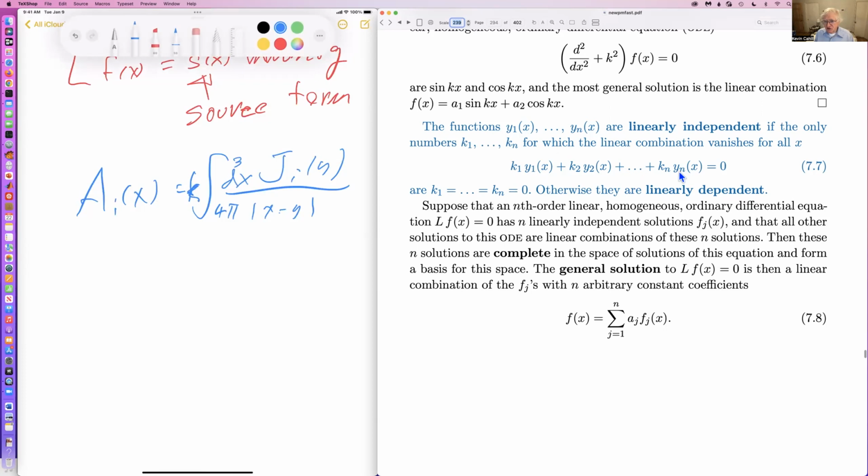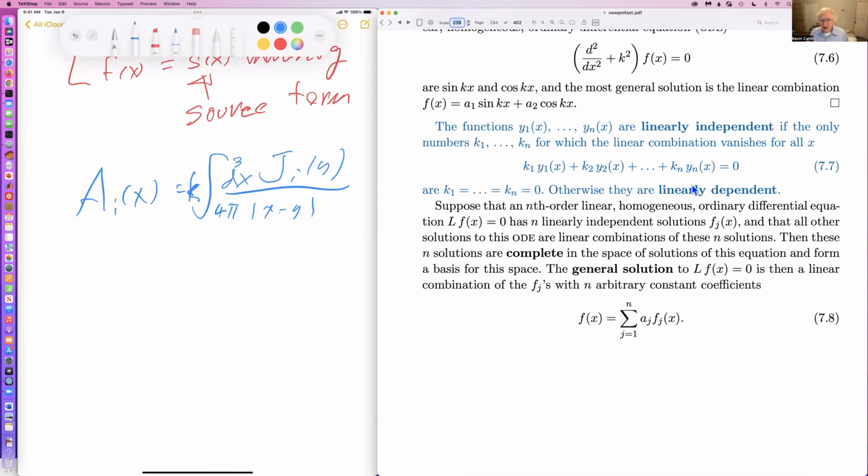Otherwise, if you can find a bunch of coefficients such that this is 0, the y's are linearly dependent. And this is important because if you have n linearly independent solutions that are complete, then you have a complete solution of the linear homogeneous nth order ordinary differential equation.